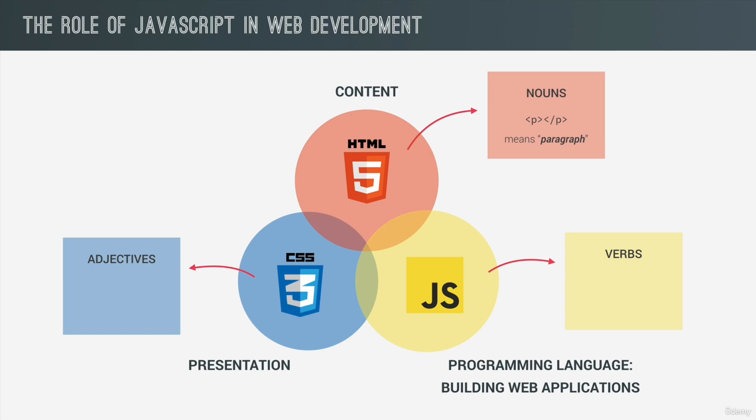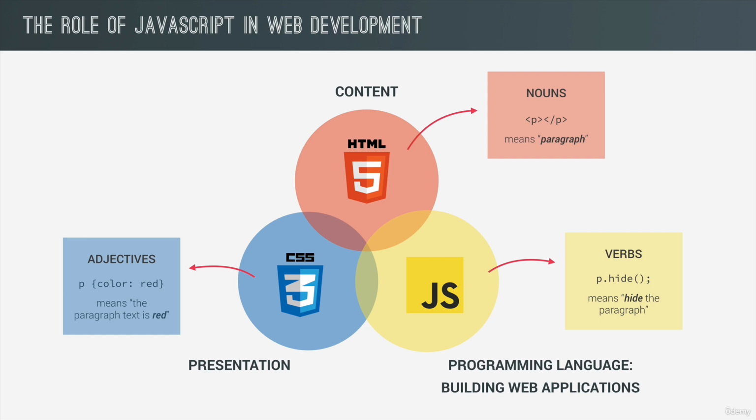The CSS then is the adjective, because it describes the noun. Like this piece of CSS saying the paragraph text is red. And so here, red is the adjective describing the noun. And finally, JavaScript is of course the verb, like saying hide the paragraph. And so here we are doing something, and so we have a verb. Okay?